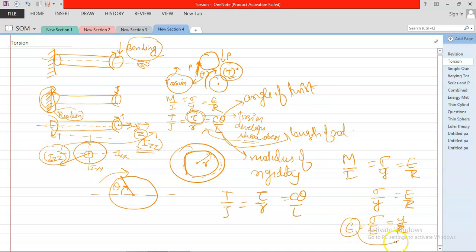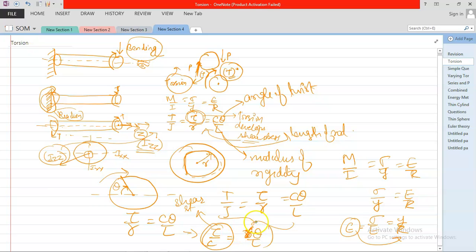So here the strain is Y by R. Now what is the shear strain in torsion? Tau by R is equal to C theta by L, so tau by C is equal to R theta by L. So tau by C is the shear strain. So shear strain is R theta by L in torsion.